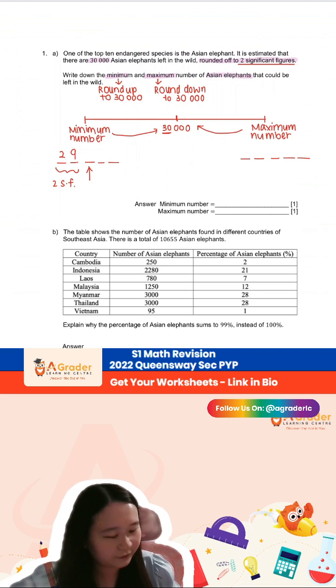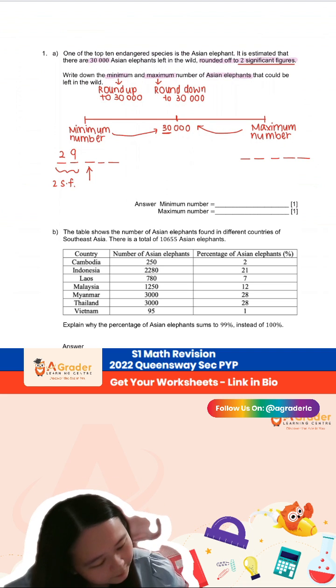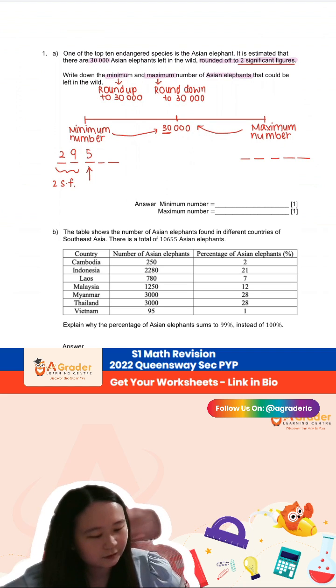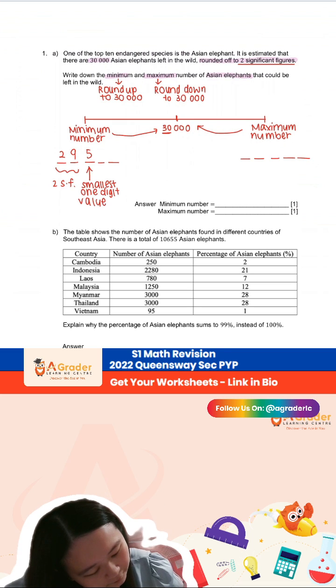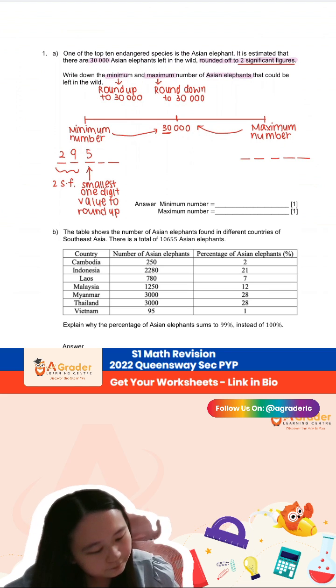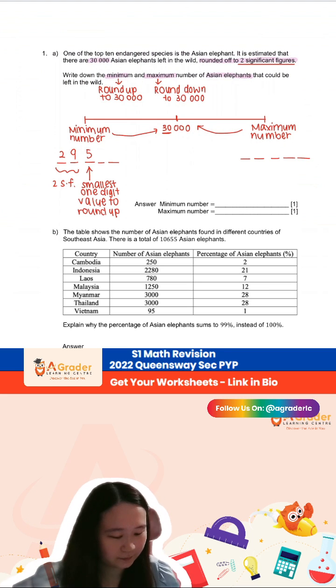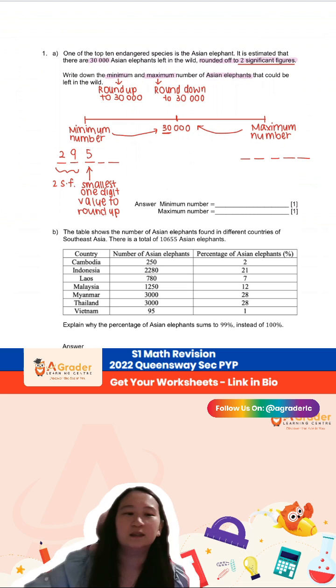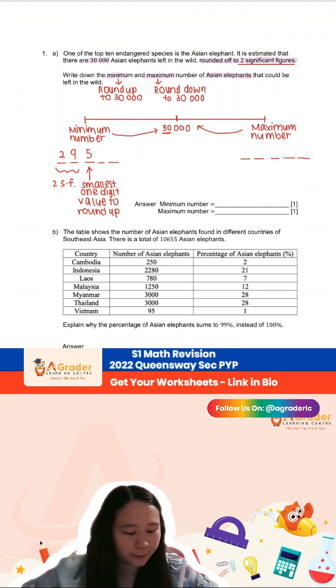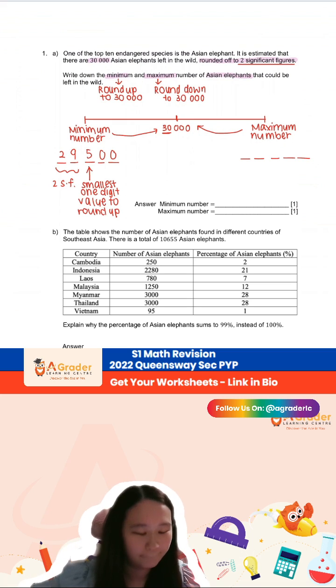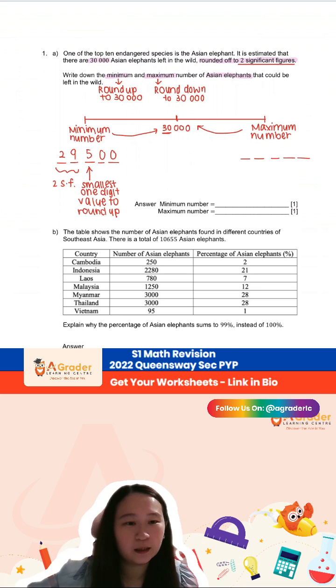Okay, good. 5 is the smallest number to round up. So this is the smallest one-digit value to round up. And the other two digits are not affected, so we just want the smallest one-digit number, which is 0. Yes, good. So this is my minimum number.